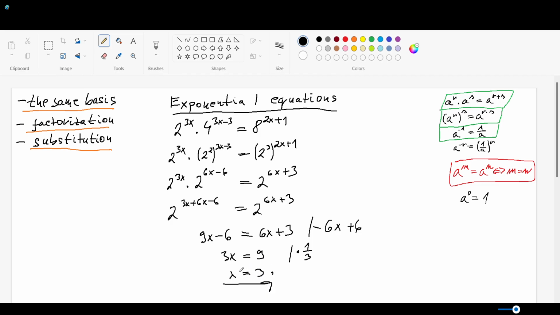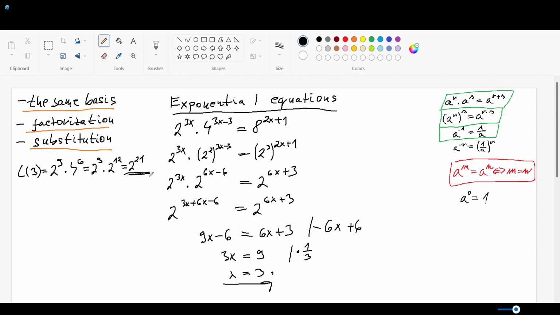Again, you are now supposed to check if the solution is correct, so let's do it. The left side for the number 3 is going to be 2 to the power of 3 times 3, which is 9, times 4 to the power of 3 times 3, which is 9, take away 3 is 6, and we again applied the same rule as before, so it's going to be 2 to the power of 9 times 2 to the power of 12, which is equal to 2 to the power of 21.